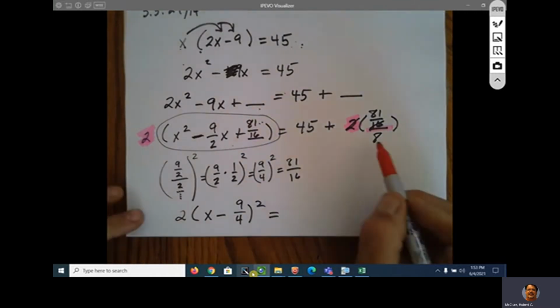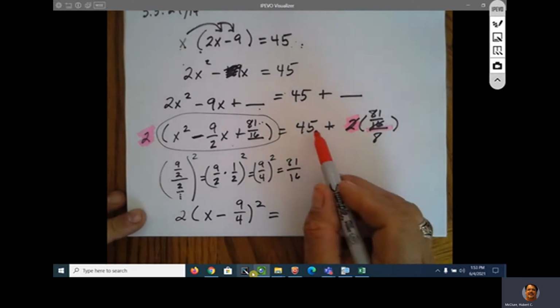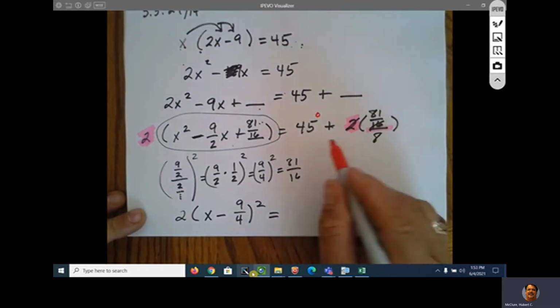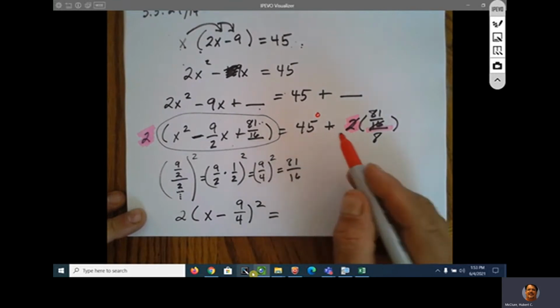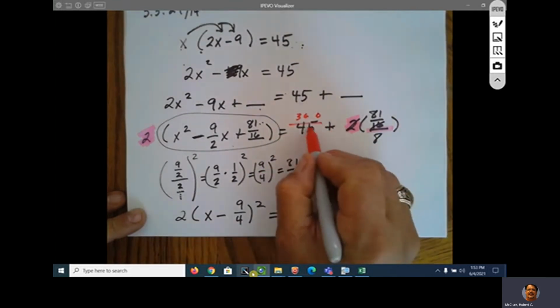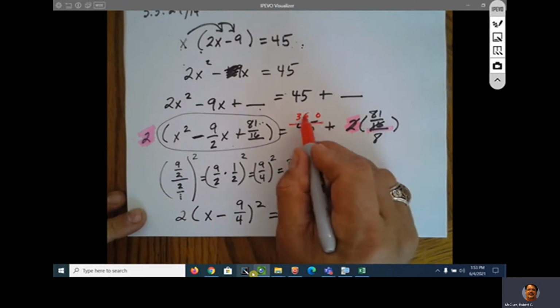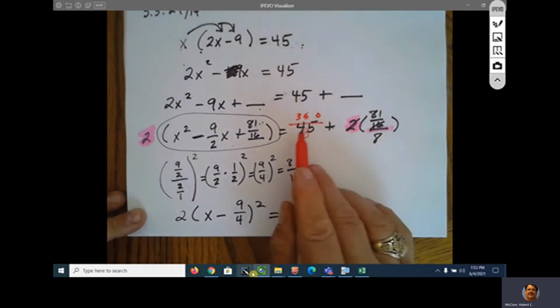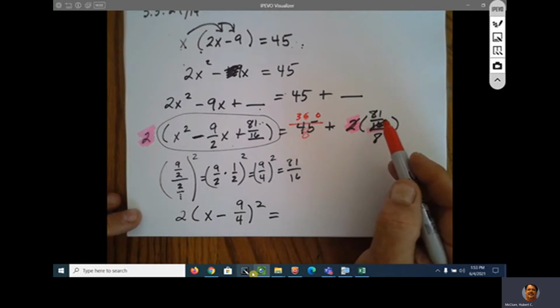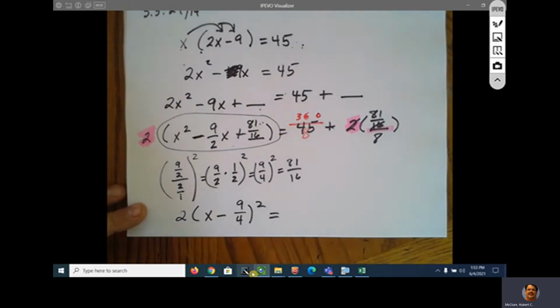And 8 times 45 is 360. So 360 divided by 8 is 45. So 360 plus 81, I guess, is going to be what? 441, I hope. 441 over 8.